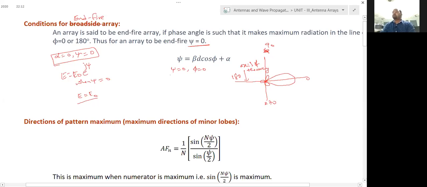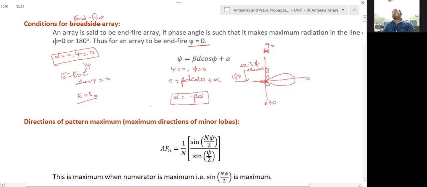So if you substitute psi is equal to 0, phi is equal to 0 in the above equation, what you will get? 0 is equal to beta d cos 0 plus alpha. Cos 0 is 1. So alpha is equal to minus beta d.